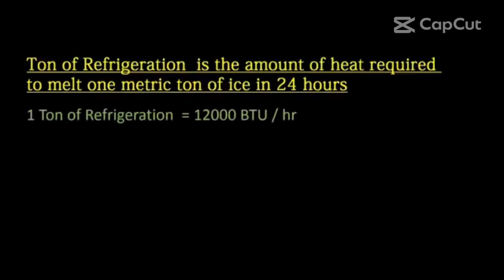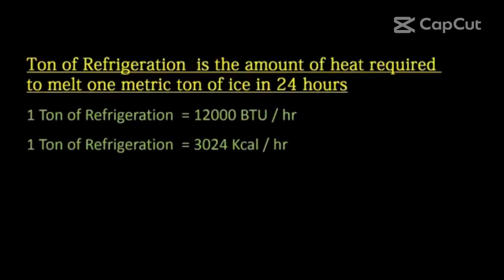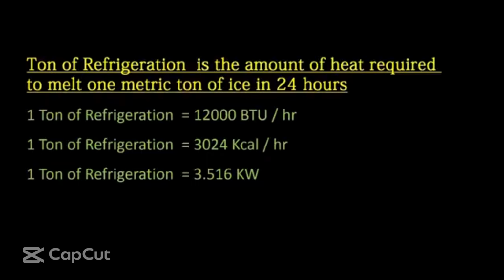So 1 ton of refrigeration is 12,000 BTU per hour. Otherwise, it is 3024 kilocalories per hour. Or if you want in kilowatts, it is 3.516 kilowatts. This is just for your understanding.